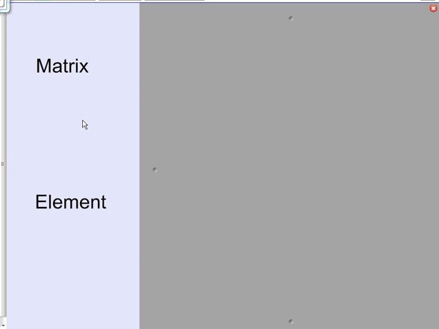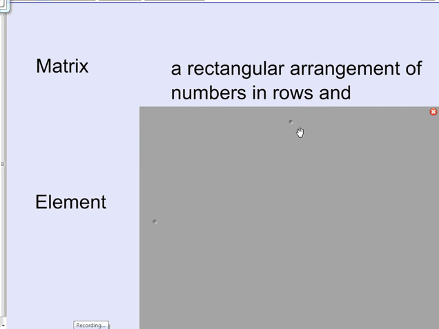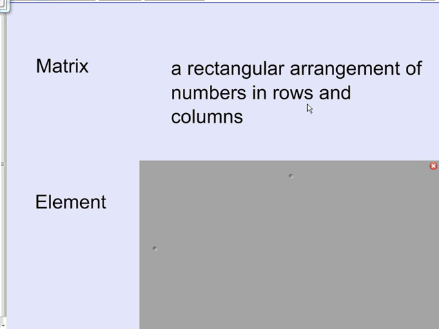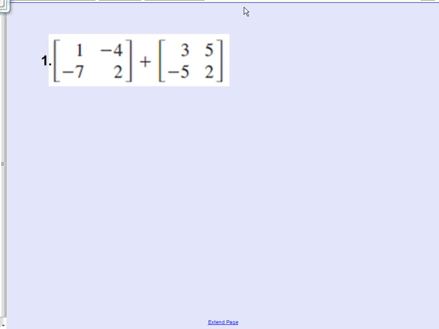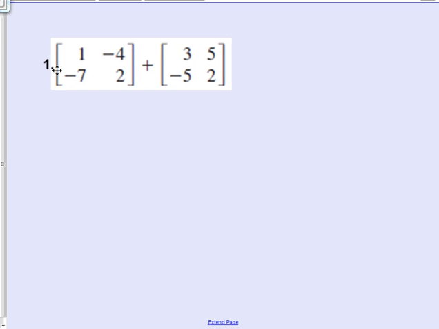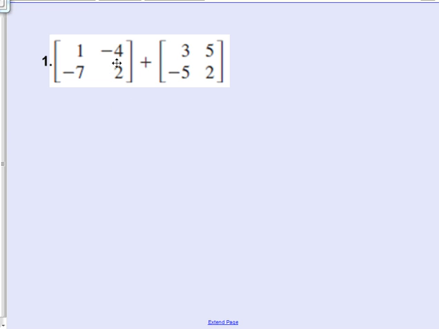is something called a matrix. A matrix is defined as a rectangular arrangement of numbers in rows and columns. So what that means is it's a problem that looks like this. This problem right here that's inside the bracket would be considered a matrix.